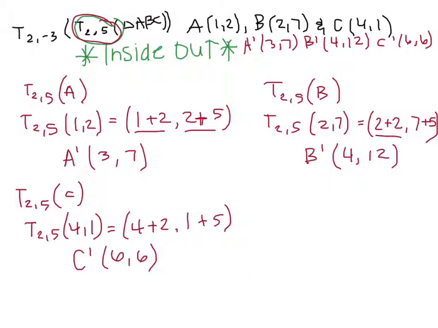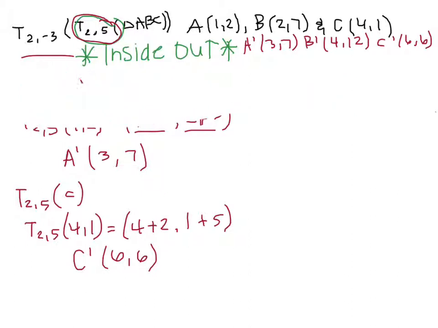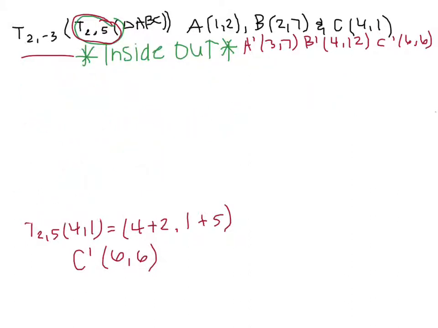I'm working inside out, so now that I've done the inside translation, I need to move on and do the outside translation. So let's clear this stuff from our screen, and let's move on to our second translation.